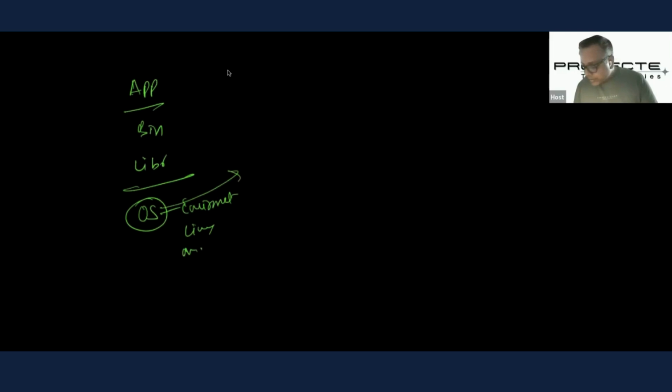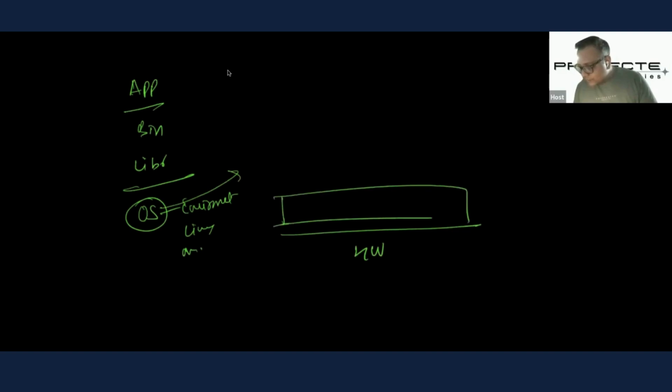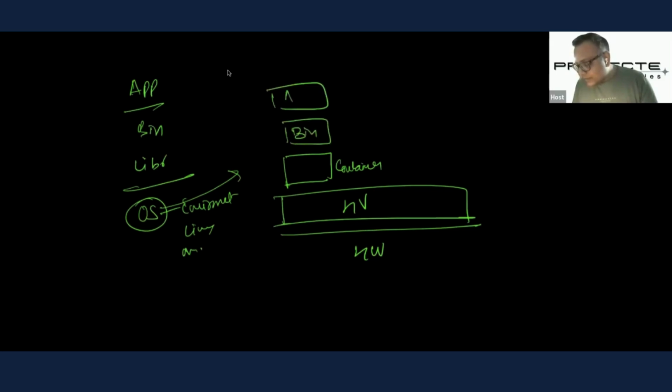So on top of the hardware, you have the hypervisor, and you have a small environment defined by a container, which says, I will not give you the full functionality of the OS, but I'll give you all the necessary drivers and libraries which you require to run your binaries and your application.